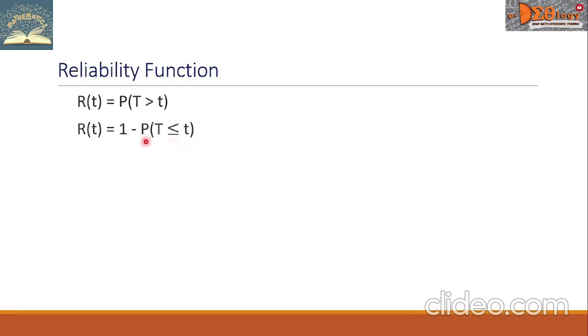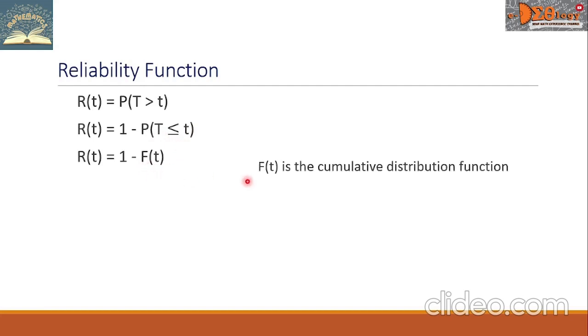And this probability that capital T is less than or equal to t can be simplified into capital F of t. Remember that this capital F of t is the cumulative distribution function. So this is our formula for reliability function.